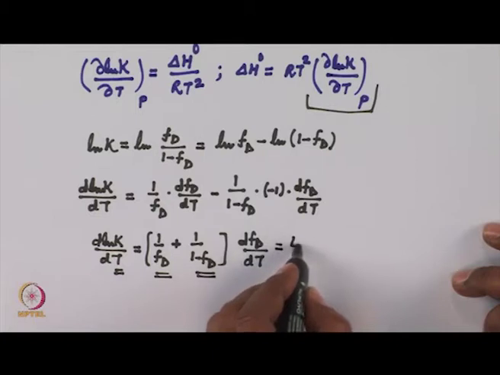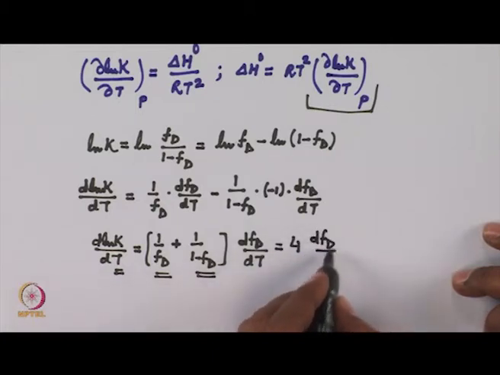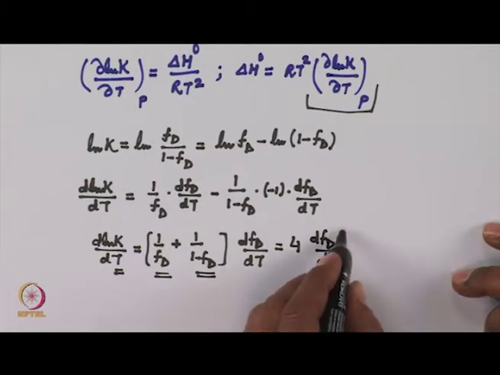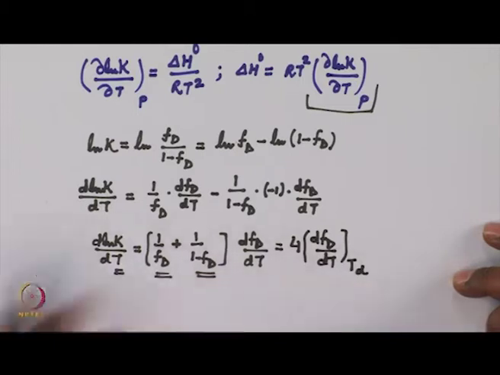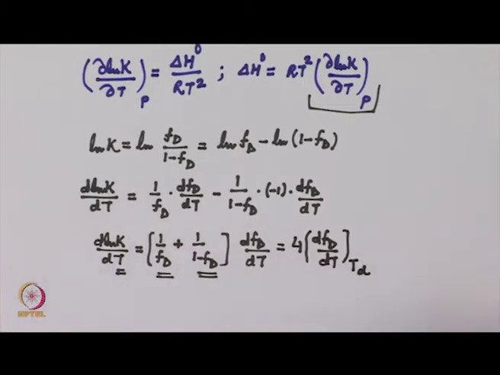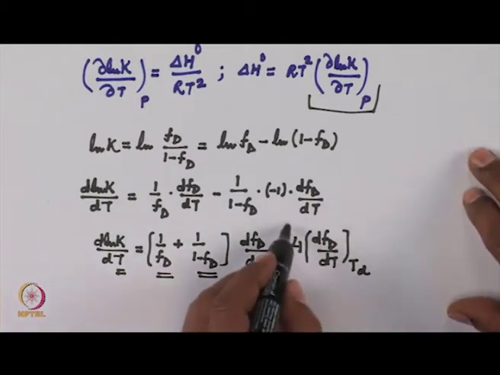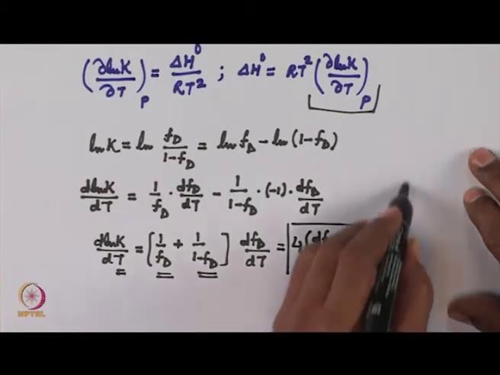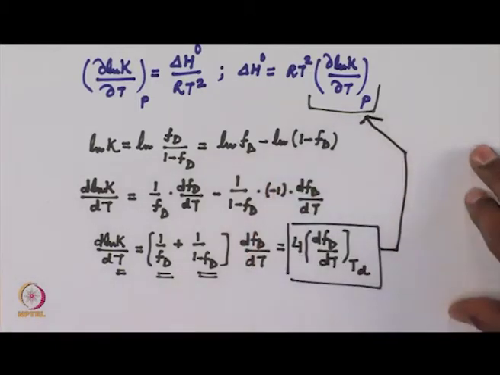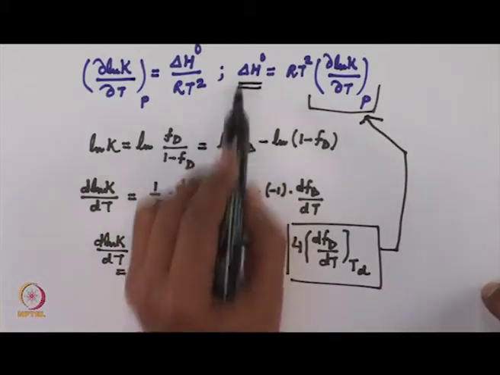So, we will have 4 times dFd by dT, and this is actually at the transition point, T half or Td, whichever way you want to mention it. And what we derived can now be substituted over here, and we can get the value of delta H naught.